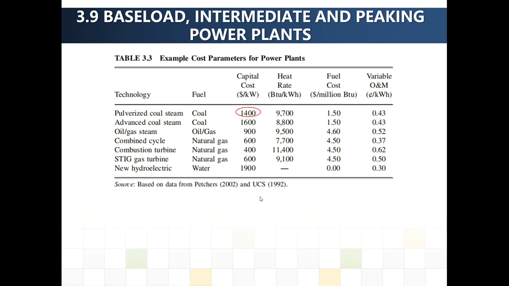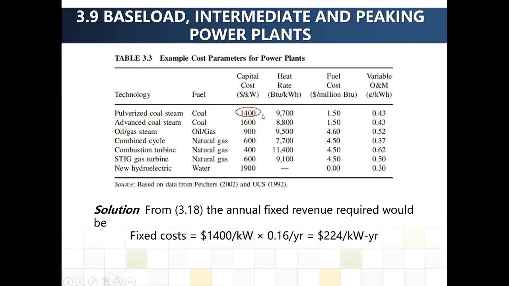Now, we can see the capital cost of the pulverized coal steam power plant is $1,400 per kilowatt. So the annual fixed cost is 1,400 per kilowatt multiplied by the fixed charge rate of 0.16 per year, which is equal to $222 per kilowatt per year.